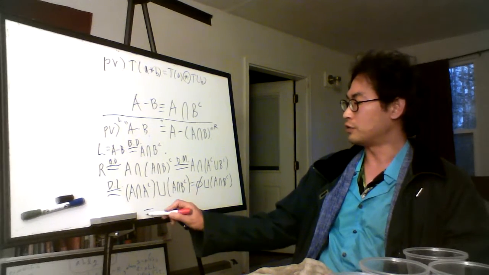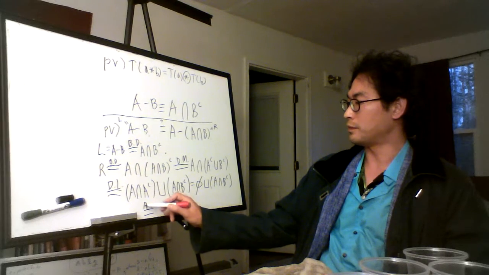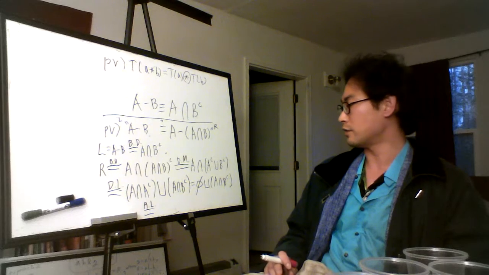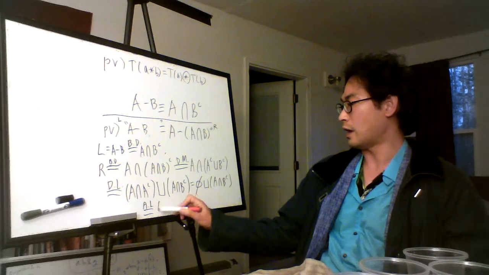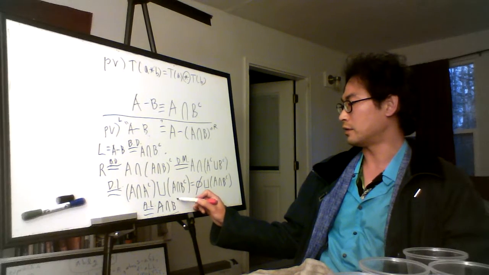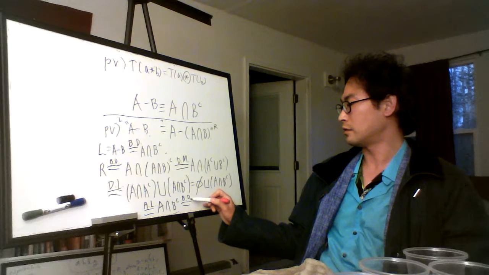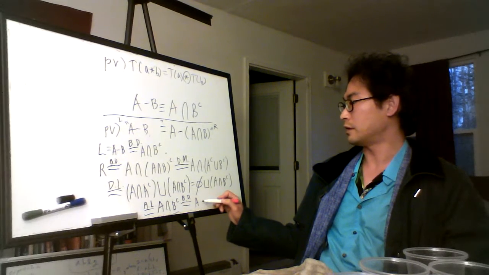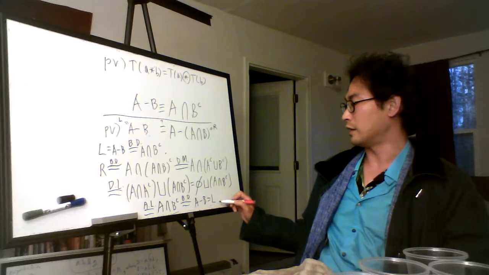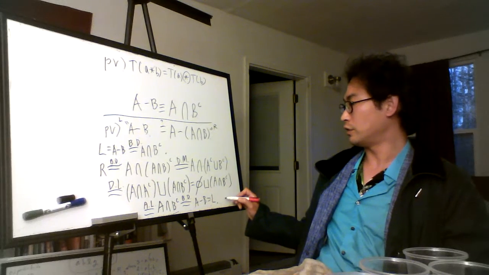And by the absorption law in traditional set theory, this is A intersection B complement, which is by definition A minus B, which is the same as the left-hand side. QED.